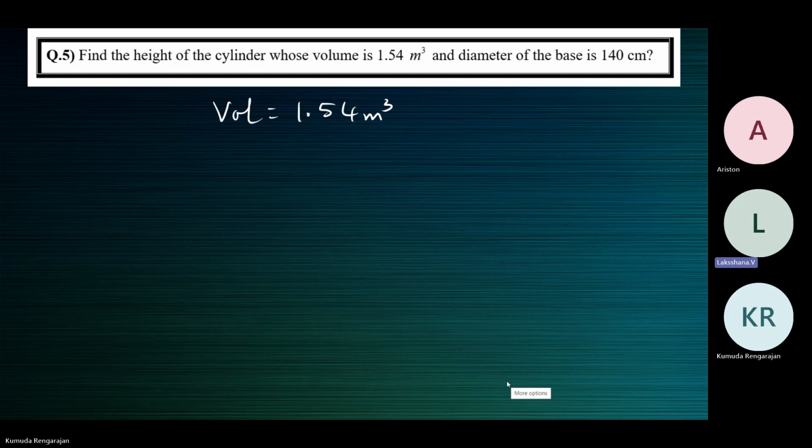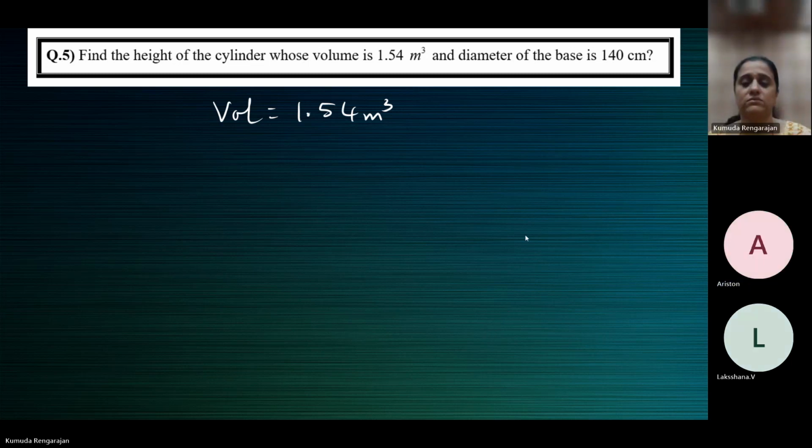Ma'am, multiply by 100. Okay, so meter square to centimeter square. To convert meter square to centimeter square, should we multiply by 100 for meter square also? Ma'am, multiplying by 10,000.